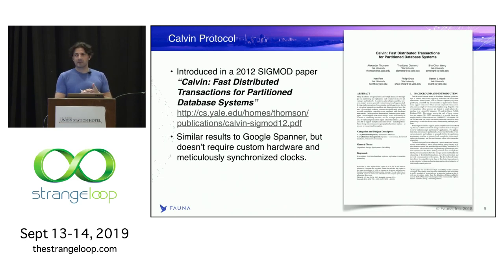It is similar in a bunch of properties to Google Spanner, and I won't really be talking about Spanner or comparisons between Calvin and Spanner. You can find me in the hallways after the talk if you want to talk about these kinds of things or anything similar. Suffice to say that Calvin seems more palatable for us because it doesn't require custom hardware or synchronized clocks.